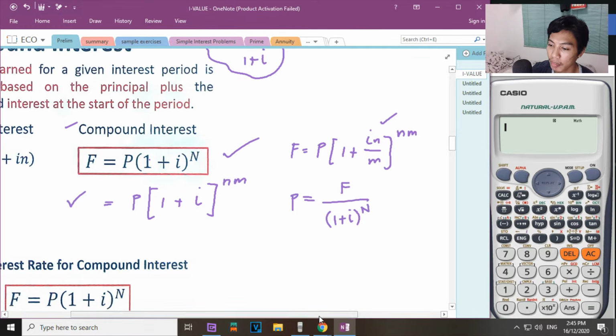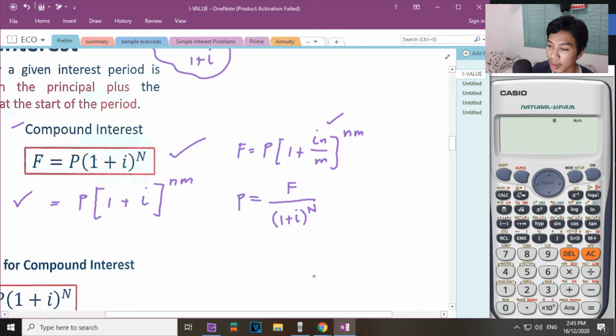Dito, makikita natin that 1 plus I raised to N is ginagamit natin to find your future worth. Now, anong ibig sabihin dito? This now will become single payment compound amount factor. Okay? Ginagamit natin dyan. Single payment compound amount factor or SPCAF.